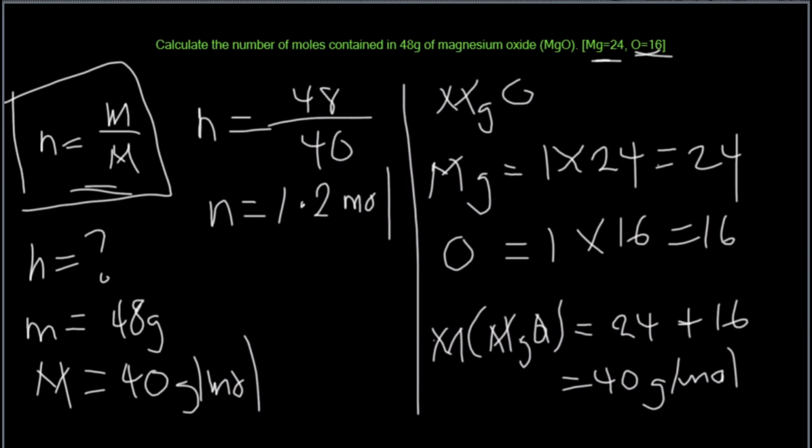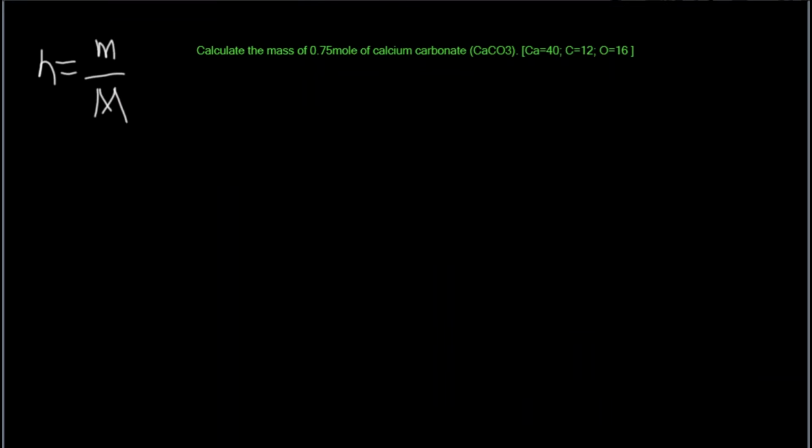Let's take another question. Okay, so let's take this question. The question is calculate the mass of 0.7 moles of calcium carbonate, which is CaCO3. So let's solve it.